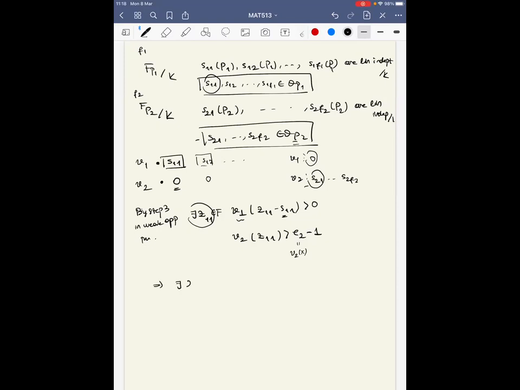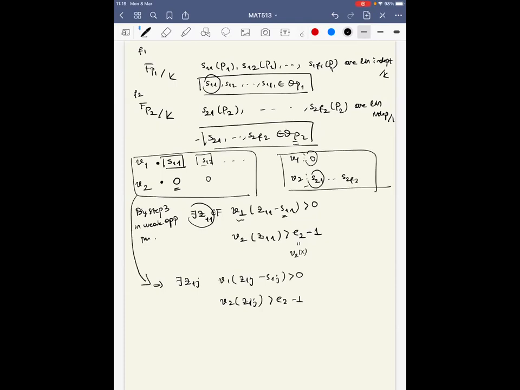in general, we are able to find z_ij. Let me write it in this way. For the first one, z_1j, such that v_1(z_1j - s_1j) is positive and v_2(z_1j) is bigger than e_2 minus 1, from the functions that we consider here.